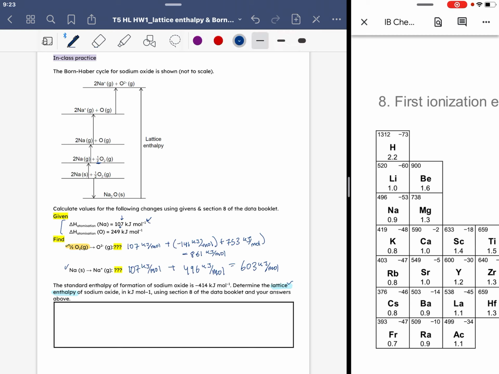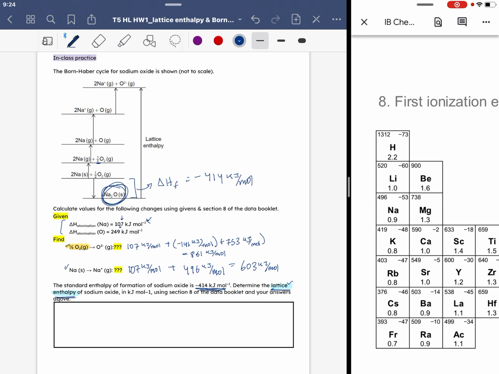Okay. So now I've done part A. The second part, they give me a standard enthalpy of formation. Oh, well, if I remember from my labeling, this was delta H of formation. So now I know it's equal to -414 kilojoules per mole. And now I need to find lattice enthalpy.